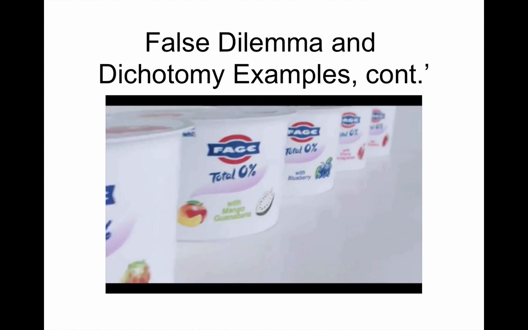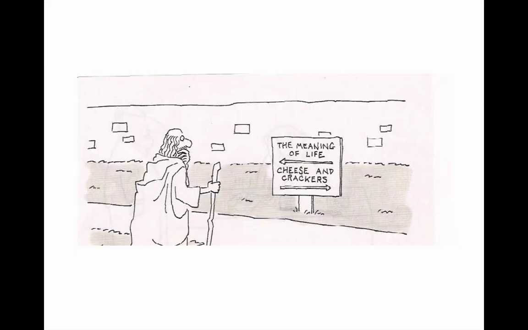But the commercial's insinuation is that you are one of two groups of people, those who have tried Fage yogurt and loved it, and those who haven't tried it at all, the implication being that if you did try it, you would like it. But of course, what they don't talk about is the some people who tried it and didn't like it. And of course, it may be the case that the meaning of life just is cheese and crackers.